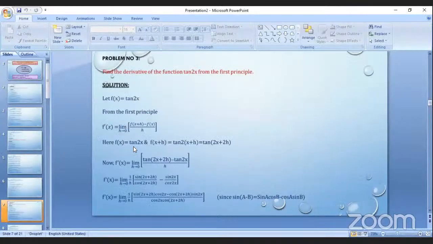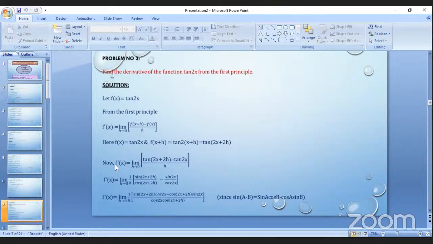Here f(x) equals tan 2x and f(x plus h) equals, in the place of x we write x plus h, tan 2(x plus h), which is tan of 2x plus 2h.